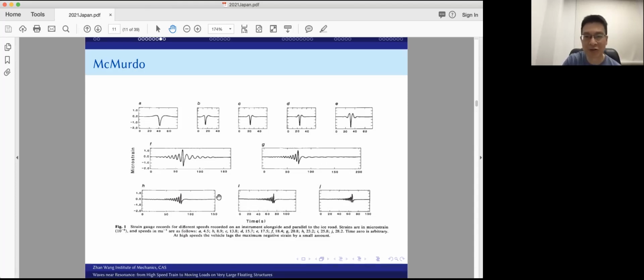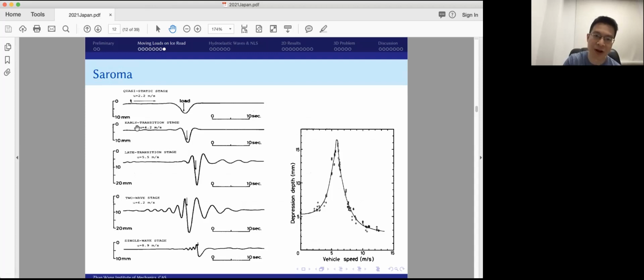And if you go to the shallow water scenario, you will see the experiments, and as the speed increases, the amplitude increases. The critical speed is 6.1, and the first figures are 2.2, 4.2, 5.0, 5.5. As the speed increases, amplitude increases.